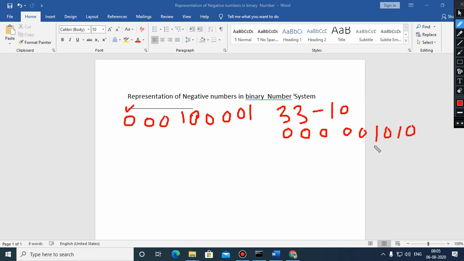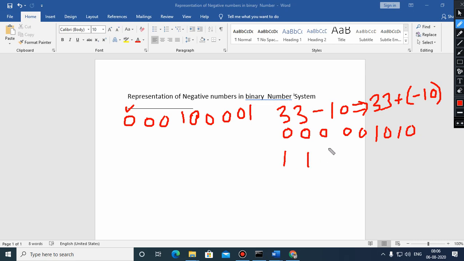But it is a positive integer, and we have to find the 1's complement of this, because the expression will be 33 plus minus 10. So what to do in that case? Just change the sign bit to 1.